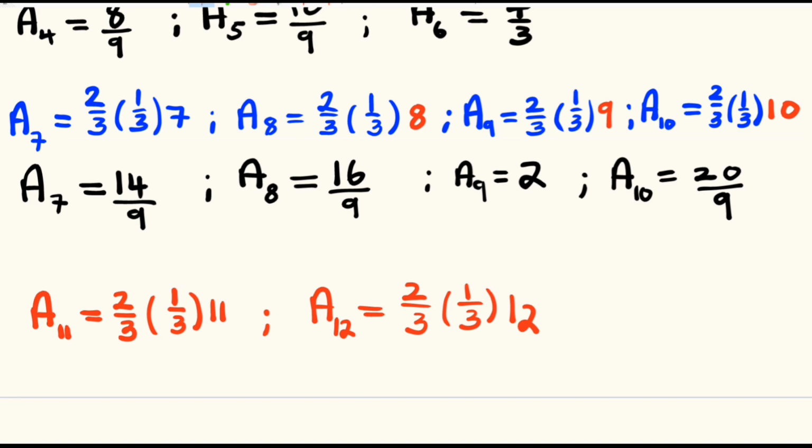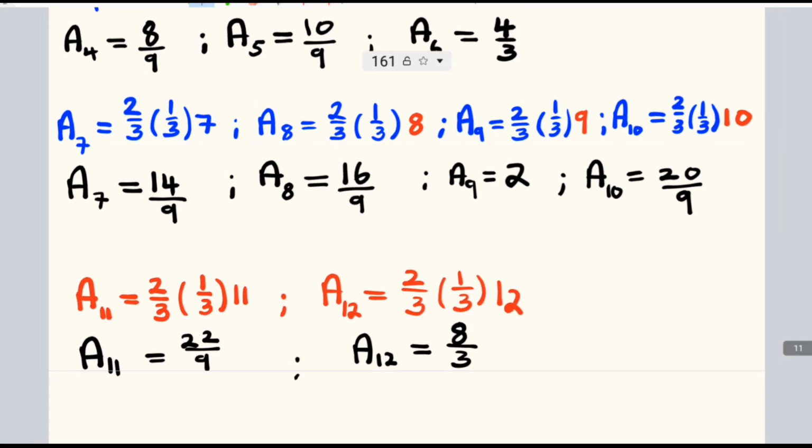And we have area number 11, 2 multiplied by 1 multiplied by 11 will be 22 divided by the 9 in the denominator. Area number 12 will be equals to, we can use our calculator, and we get 8 divided by 3.